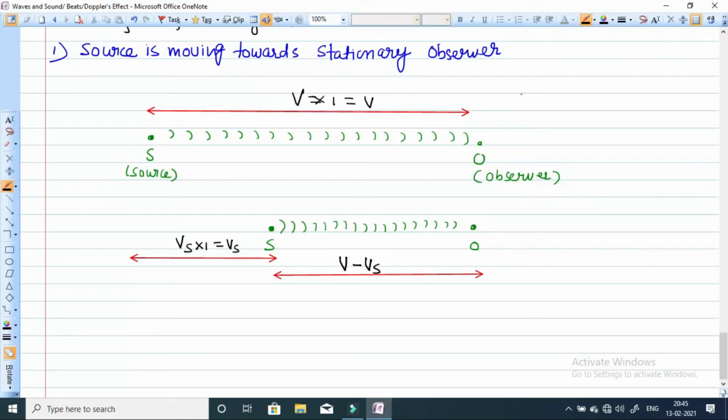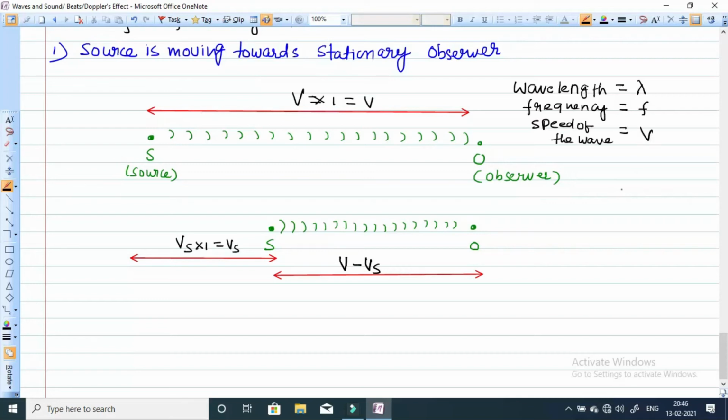In the initial condition, wavelength is lambda, and the number of waves per second, that is the number of oscillations per second, we write as F. The speed of the wave is V.